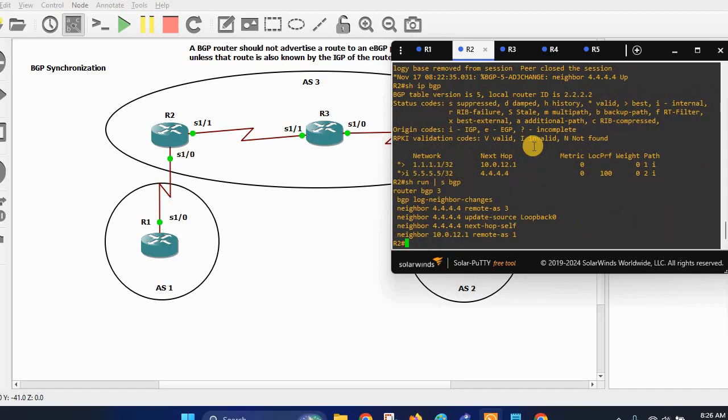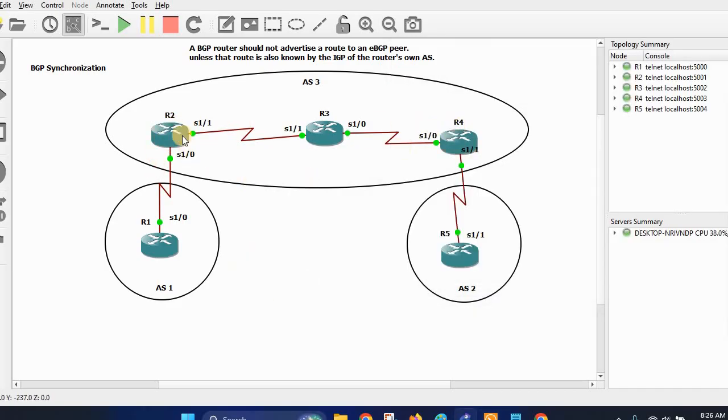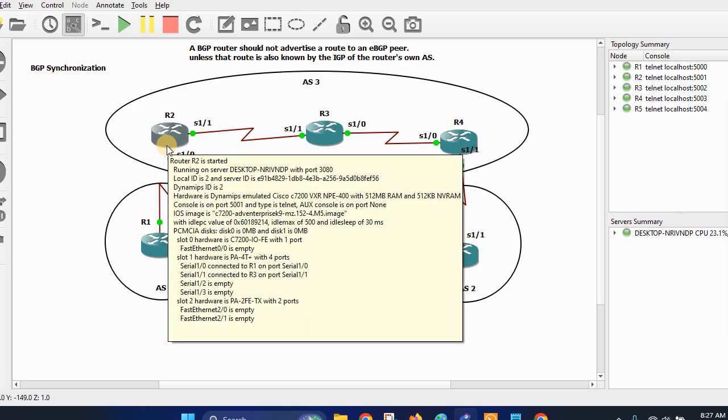Okay, now we are going to enable the synchronization in R2 and R4. When R2 receives the update, because R3 doesn't have any BGP update, through iBGP it never gets the update in R2.